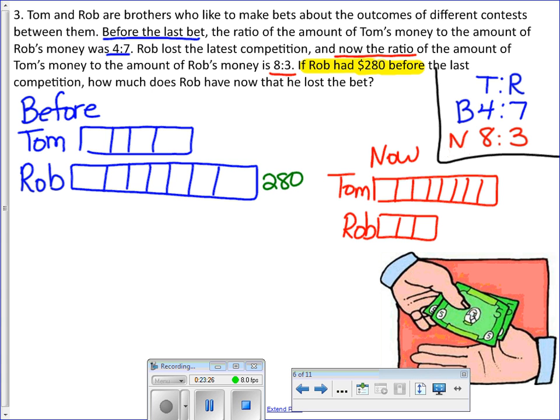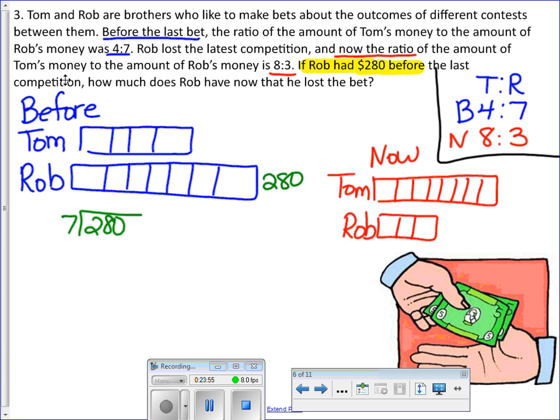Now what? All of those Rob boxes has to equal 280. So I have to take that 280 and divide it equally into all of Rob's boxes in the ratio. So what do I have to do? You have to divide the $280 by 7. And I'm going to show all my work so I don't make another division mistake like I did on my homework last night.